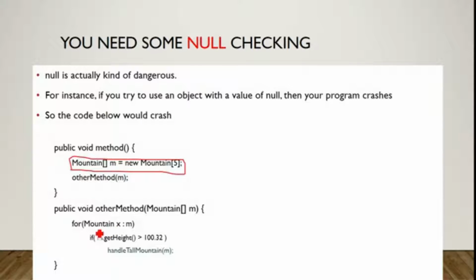So then we try to use a for each loop to go through it, and then we try to get the value of one of our elements in that array. Well, it's going to crash right here. It's going to say that you are unable to access it because it's a null pointer exception.